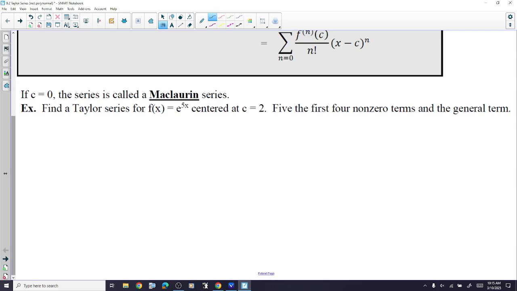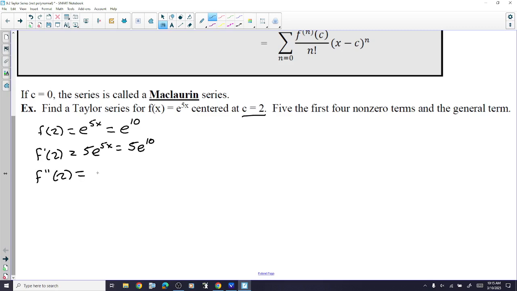Find the Taylor series for this function centered at c equals 2. Find the first 4 non-zero terms and the general term. So f of 2 is equal to e to the 5x, so e to the 10th. And then the first derivative is 5e to the 5x, that's 5e to the 10th.